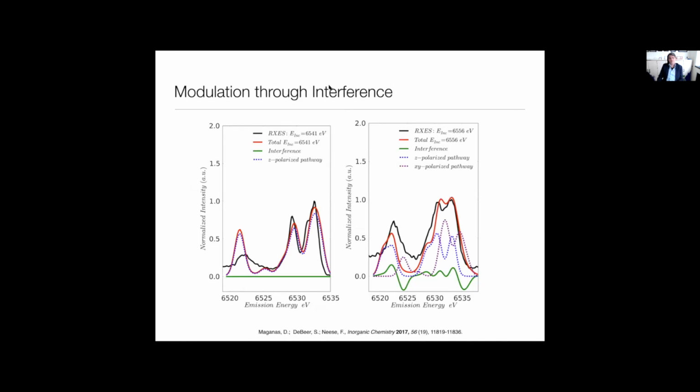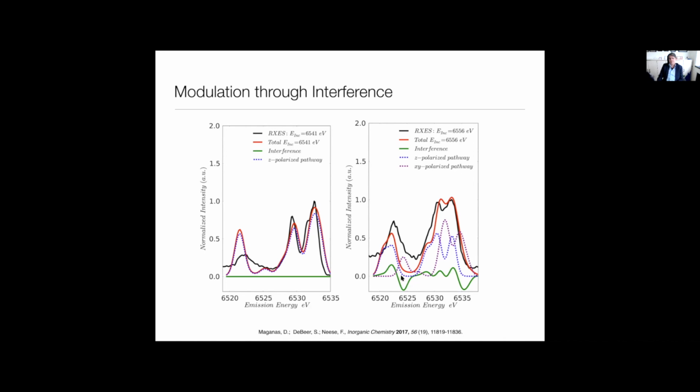And then, of course, you can also modulate that through interference terms. And so you can actually compare the Z-polarized pathway, which is blue here, to the calculated resonant X-ray emission spectrum, to the total spectrum, and then the interference terms. And that, of course, depends on the emission energy.